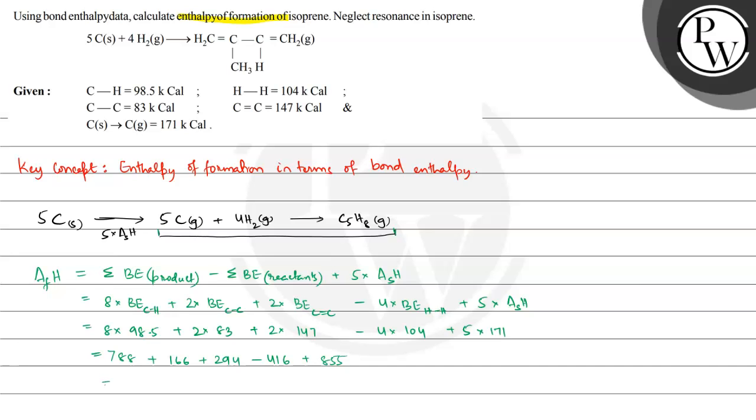So इसकी जो total value है, that is 1687 kilocalorie. So the enthalpy of formation delta FH is equal to 1687 kilocalorie per mole.